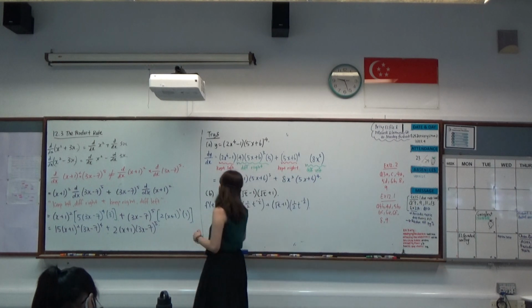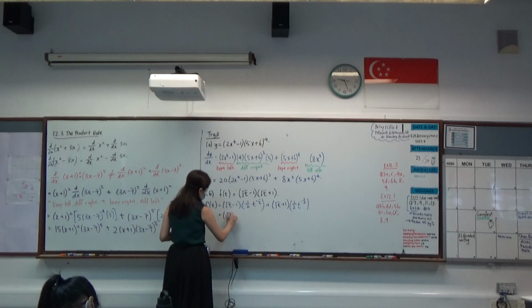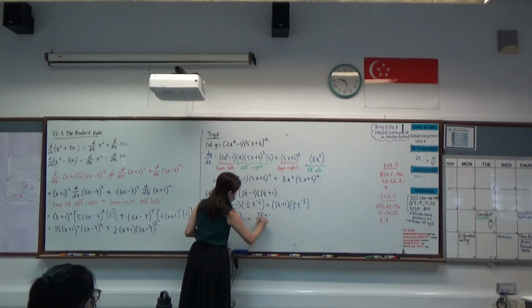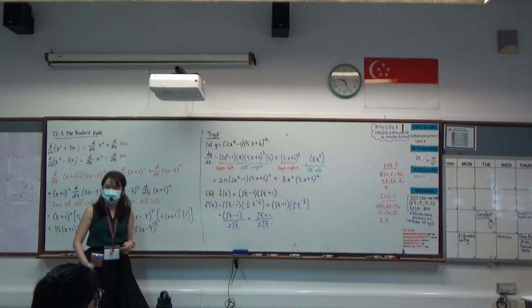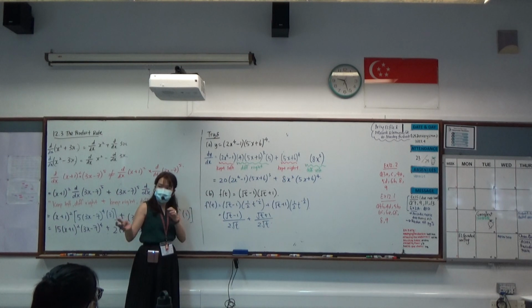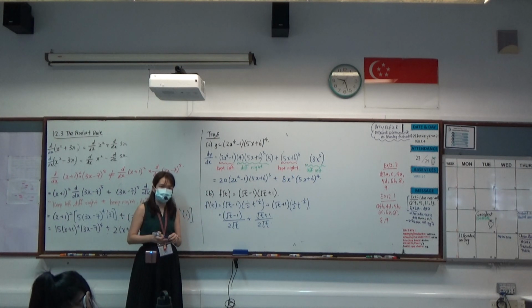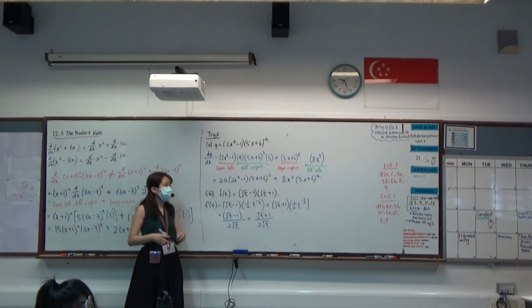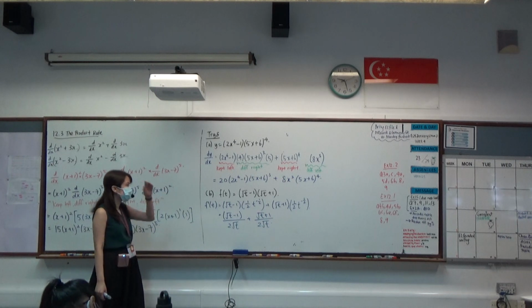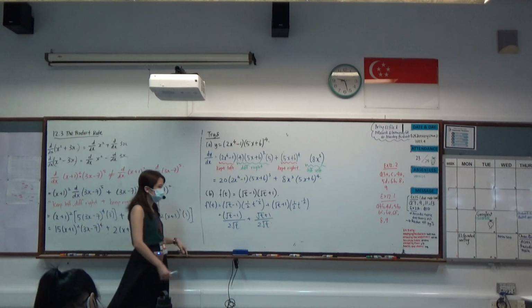For this, you don't have to factorize. You can leave it like this. Factorization does not mean simplification. So this is also considered simplified form. Okay? So do you have a conclusion?